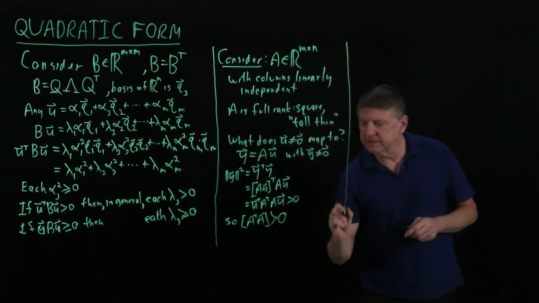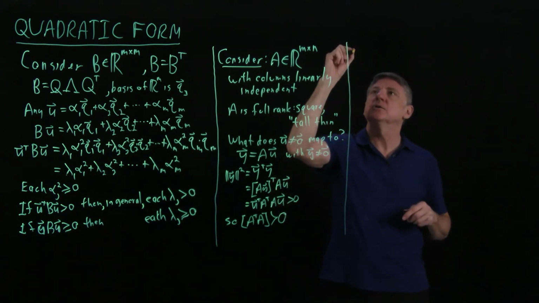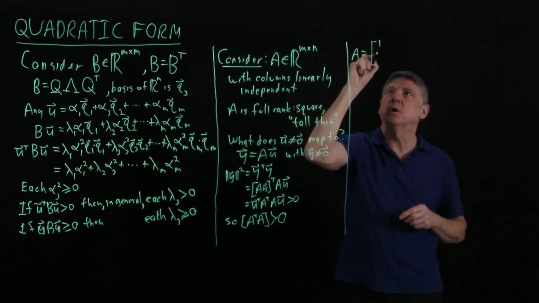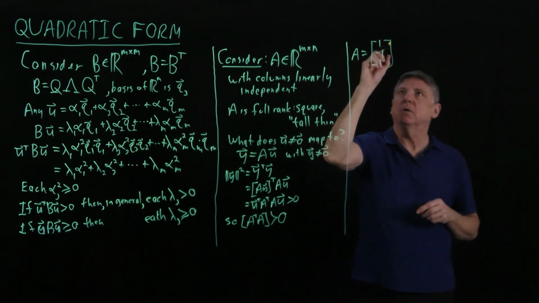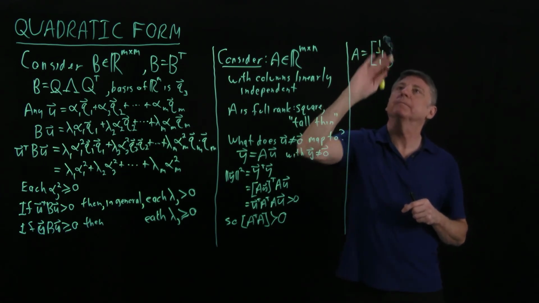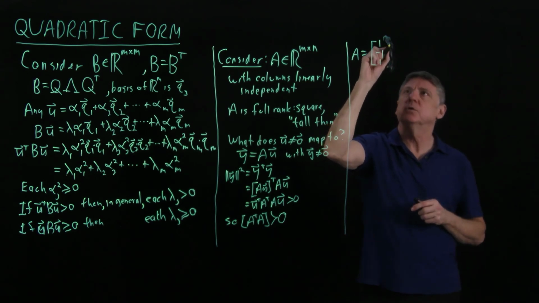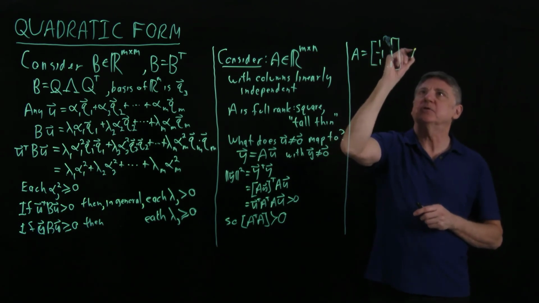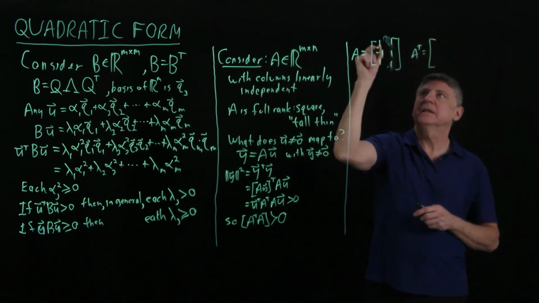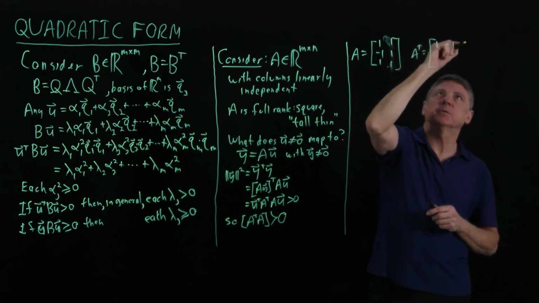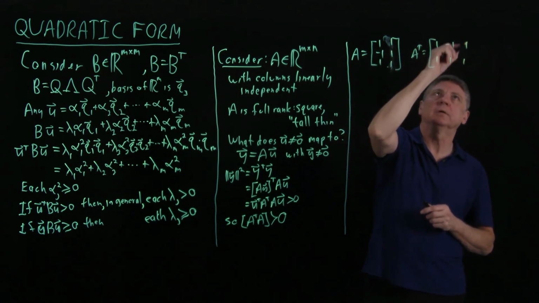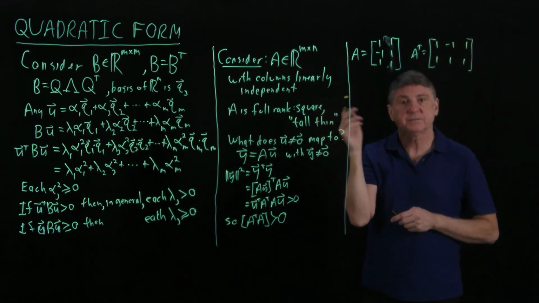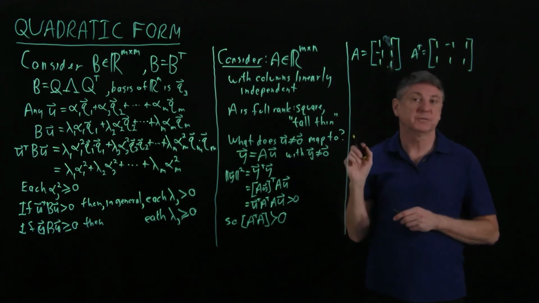Let's work through a simple example to be sure that we get this. Suppose that our matrix A is this. First column is 1, minus 1, 1. Second column is 1, 1, 1. So A transpose will have its first row as 1, minus 1, 1, and its second row 1, 1, 1. Is this full rank? Yes, because this column cannot be a scalar multiple of this column.